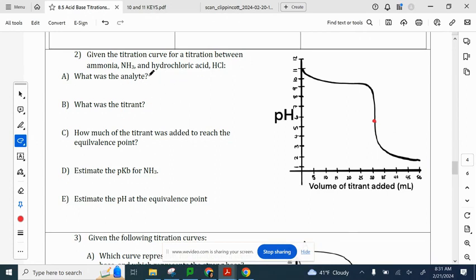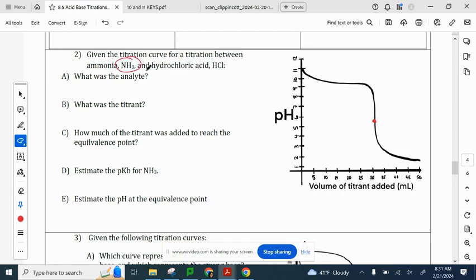We are analyzing the base, it looks like, because the pH is starting out higher than 7. So that's what's going to be in our flask.